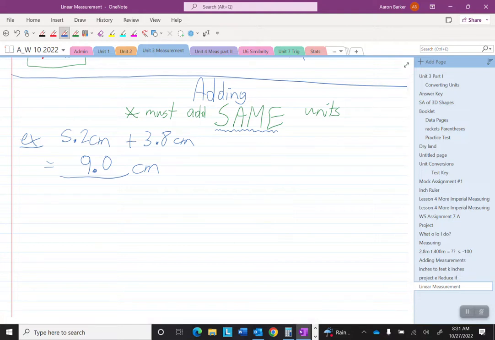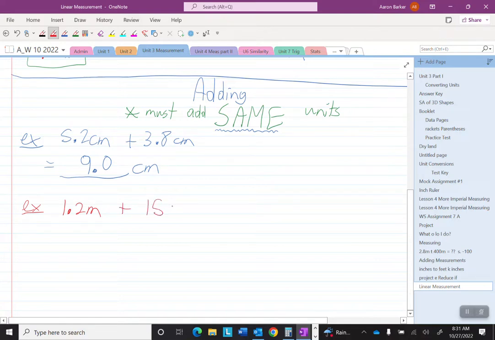If you have 1.2 meters, and we saw this two days ago, and you are adding 10 centimeters or 15 centimeters, you can't do it. What you have to do is convert first. Either you convert both of them to centimeters, or you convert both of them to meters.